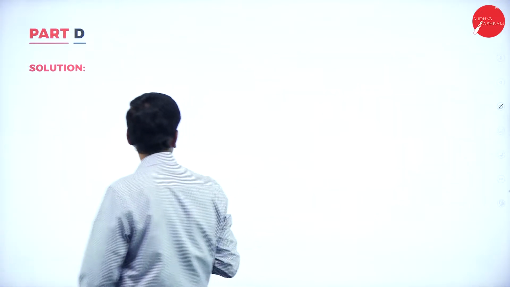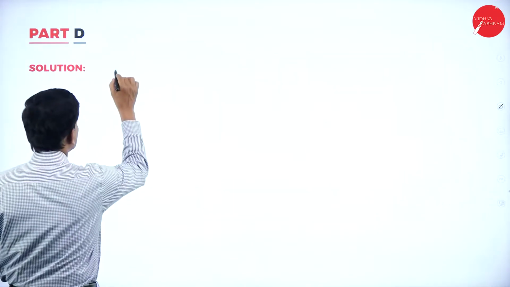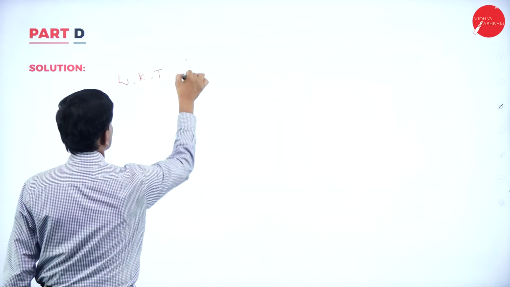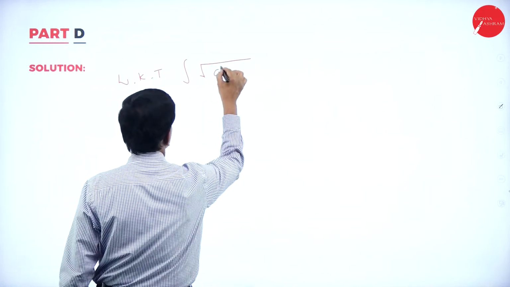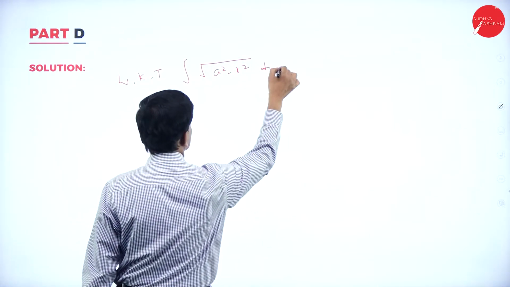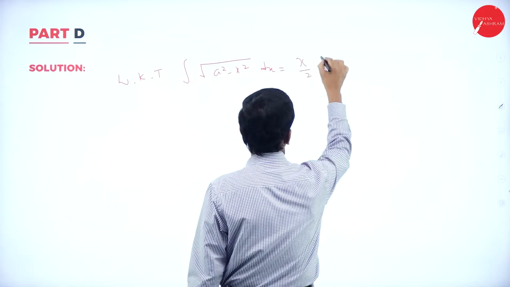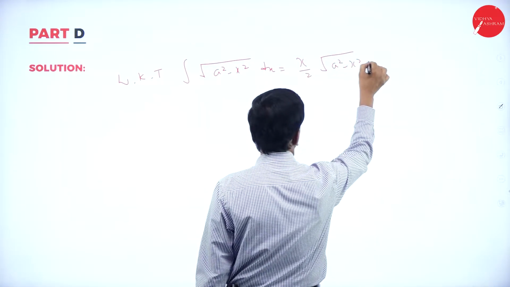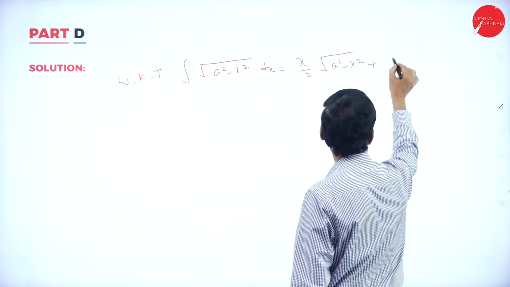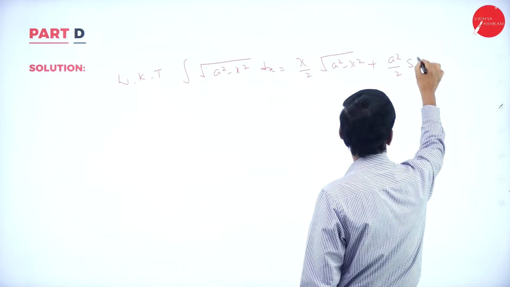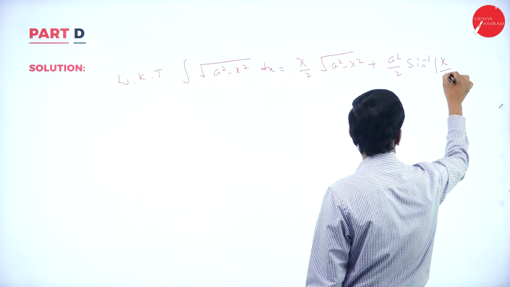If you evaluate this, you will get the answer. You know the standard result. We know the value of integral root of a square minus x square dx. The standard result for this is x by 2 into root of a square minus x square plus a square by 2 sine inverse of x by a.